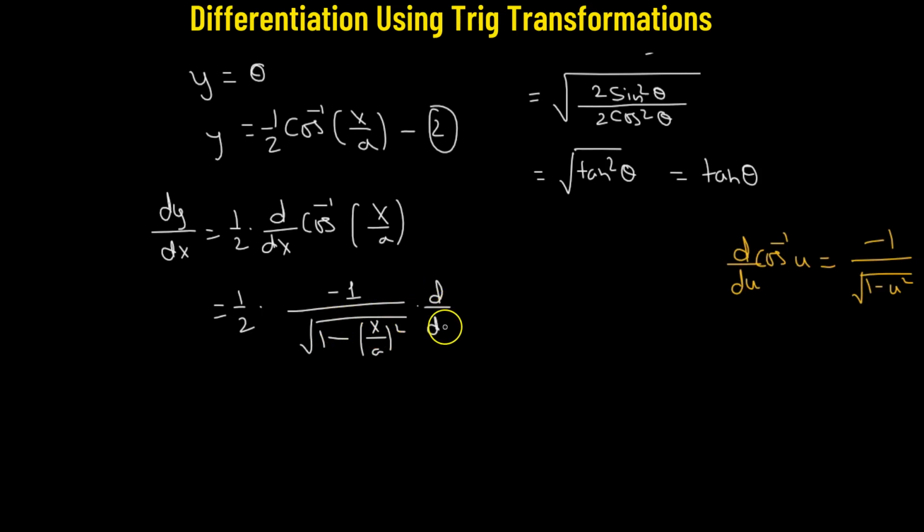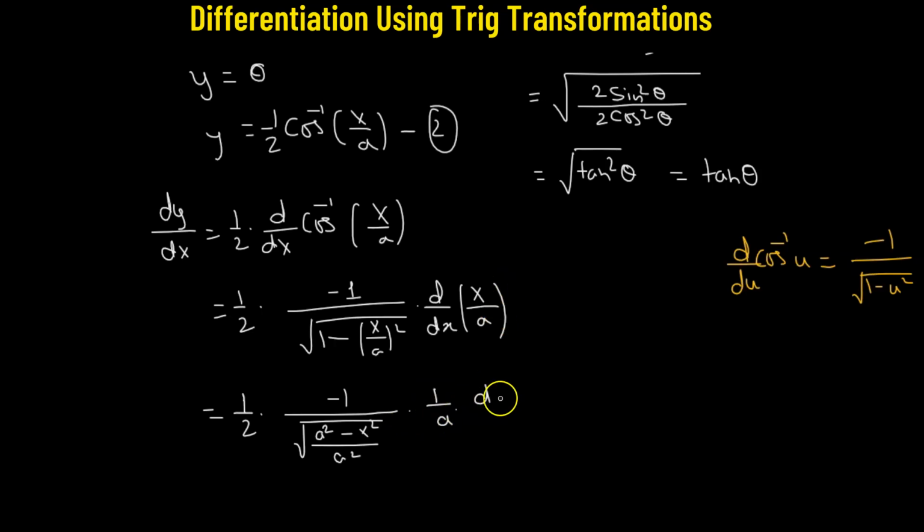but we'll also need to use the chain rule, so we'll multiply by the derivative with respect to x of u, which is x over a. Right. So that means we now have half multiplied by negative 1 divided by square root of (a squared minus x squared) divided by a squared. We have 1 over a, which is a constant, multiplied by the derivative of x with respect to x.